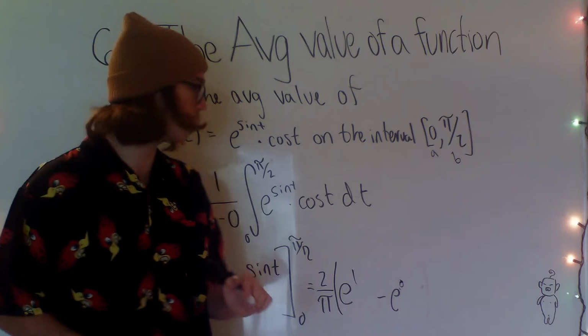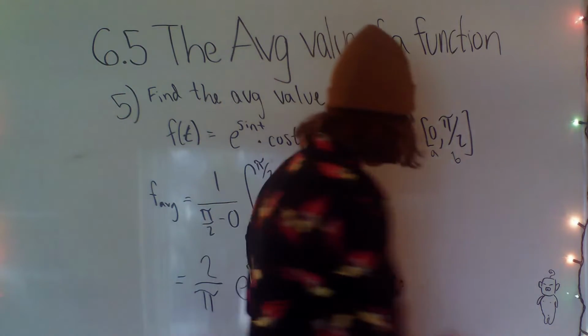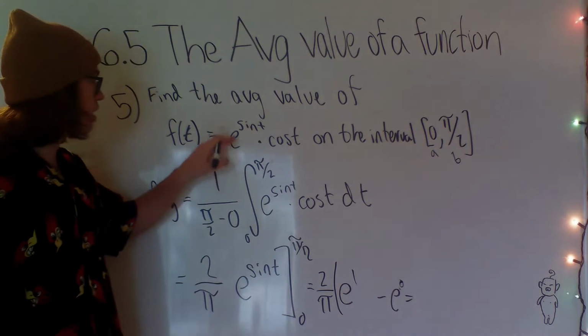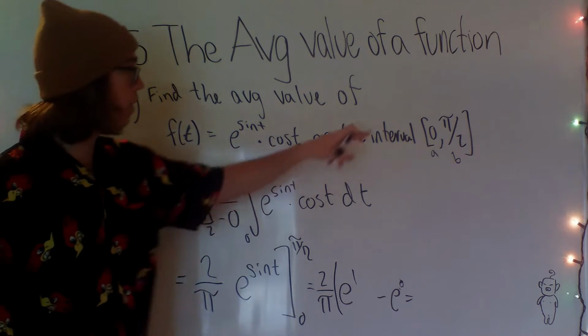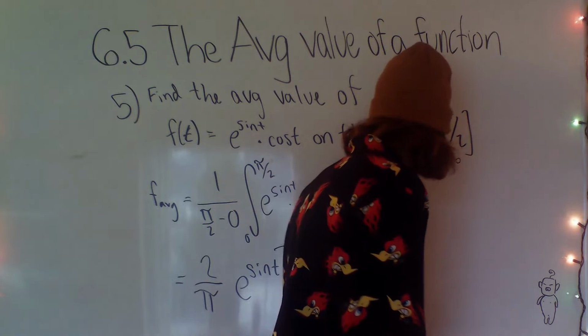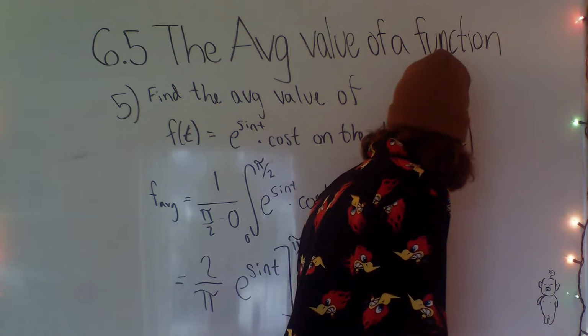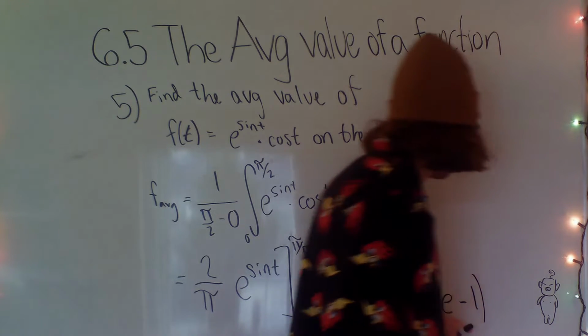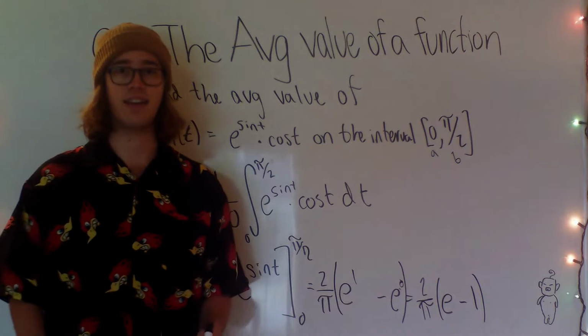And we know e to the 0 is equal to 1. So we can say our final answer, or the average value of e^(sine t) times cosine t on the interval 0 to pi over 2, is going to be equal to 2 over pi times (e minus 1). And that would be our answer.